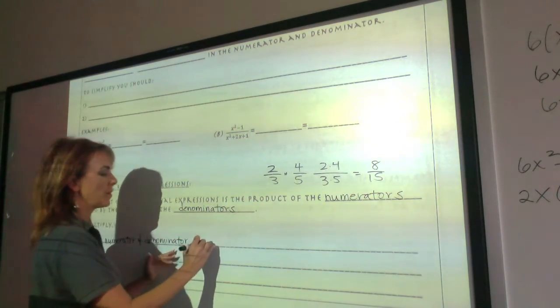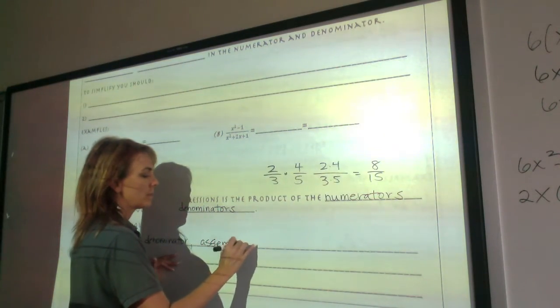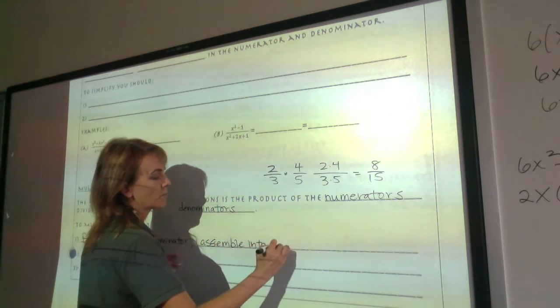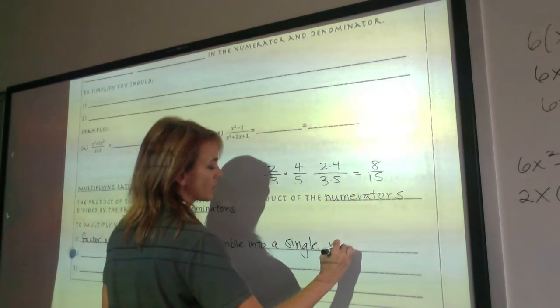And we're going to assemble them into one large fraction. So a single rational expression.